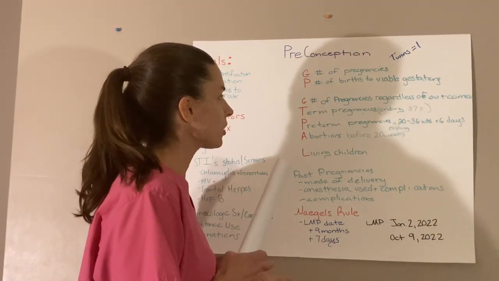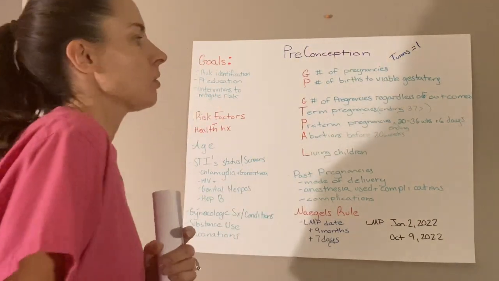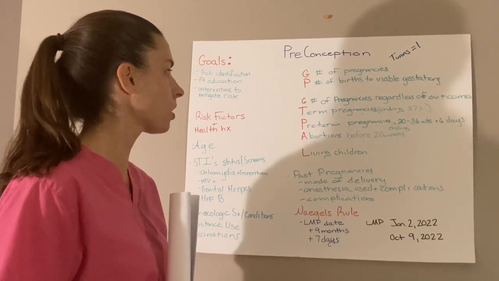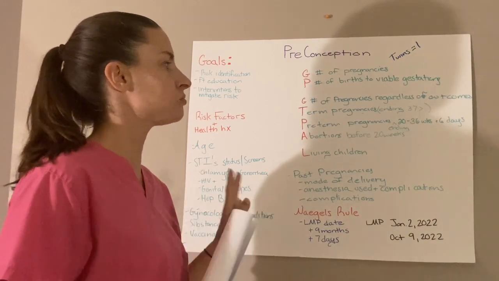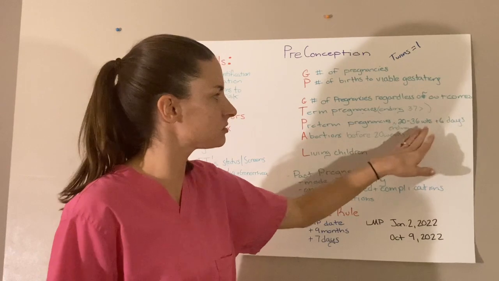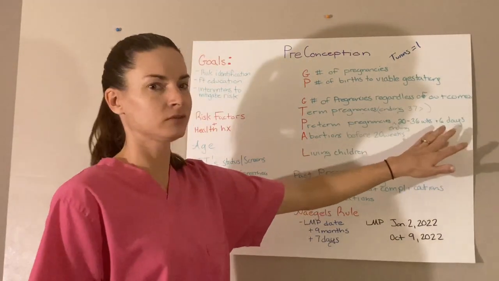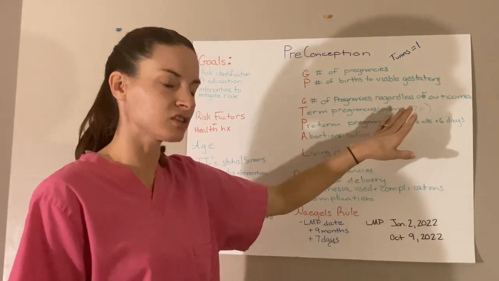So term pregnancies would be pregnancies that ended 37 weeks or more. Preterm pregnancies would be pregnancies that ended between 20 and 36 weeks. And then you also have to include the 36 weeks and then the 6 days, because it's not till you get to 37 that it's term.